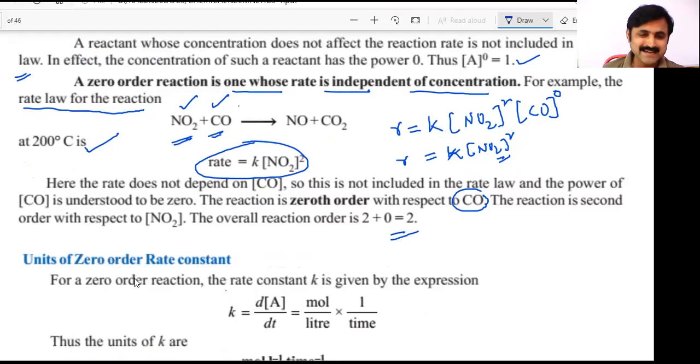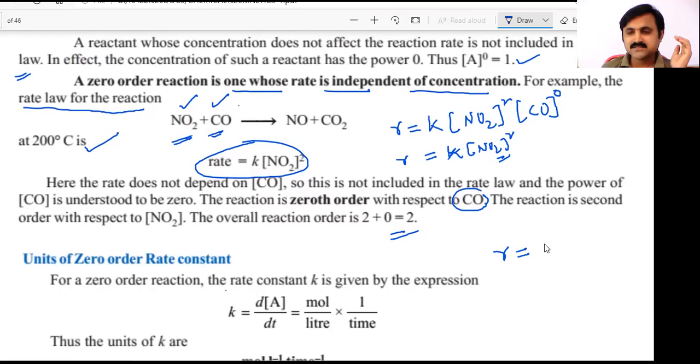Coming to zero order reactions, rate constant. For a zero order reaction, what is the rate constant? Rate constant is given by the expression K is equal to d by dt of concentration of A. This is nothing but rate equals rate constant for zero order.